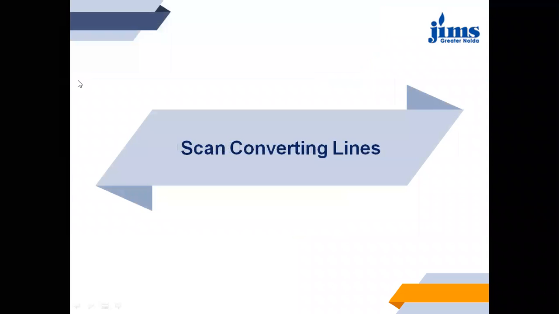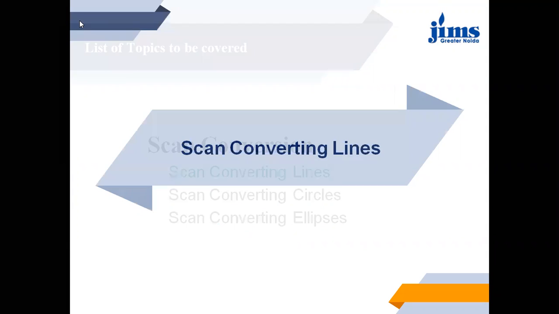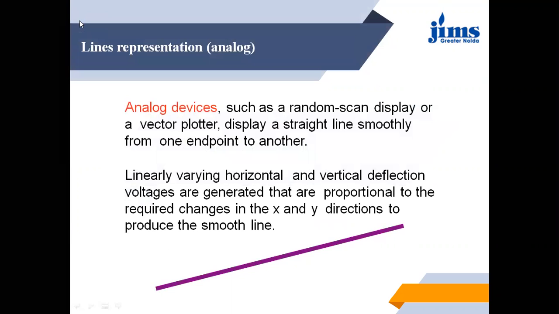So scan converting lines means we will discuss here the lines in this lecture. What happens when we have to draw a line on a paper, or on any analog device? That's a smooth line.